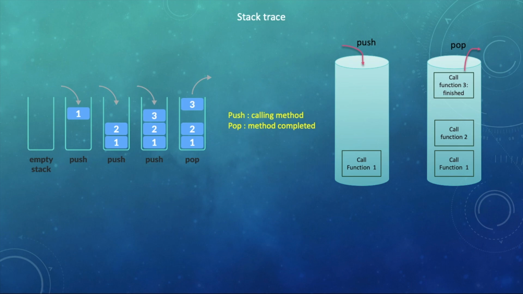So now understand this: calling a function is equivalent to pushing it on the stack. Like here we call function 1 which is at the bottom of the stack. Then from within function 1 we call function 2 which is then pushed on the stack above function 1 and so on. And then completing a function is the same as popping it out from the stack.